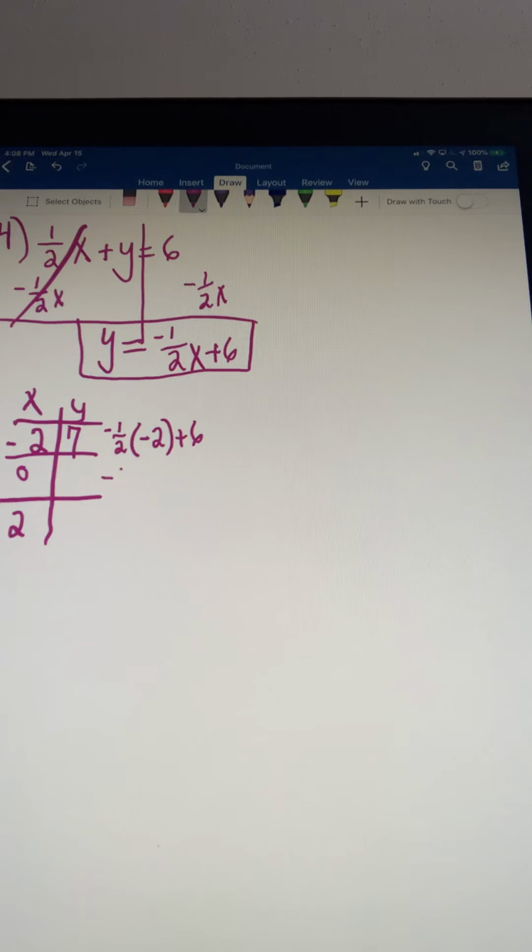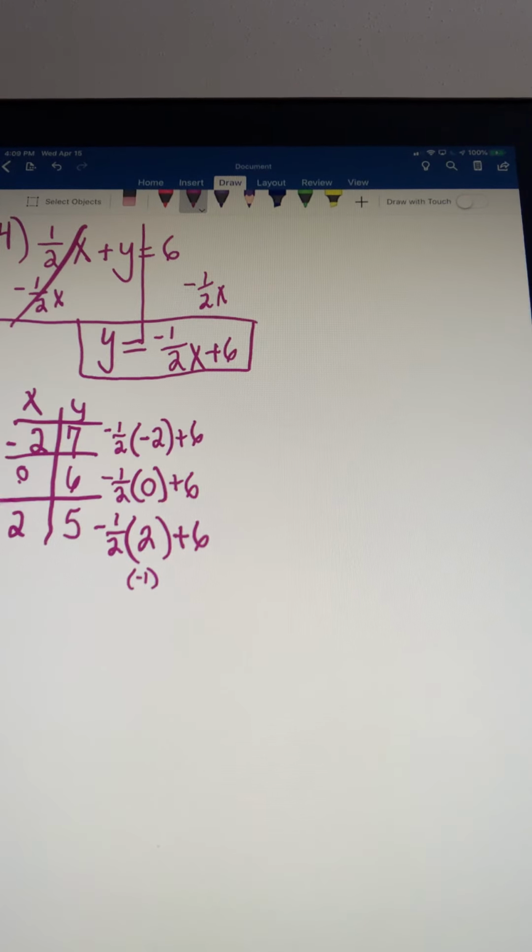We have negative 1/2 times x is 0 plus 6. Again, we like zeros. Negative 1/2 times 0 is 0. 0 plus 6 is 6. Last, negative 1/2 times positive 2 plus 6. So negative 1/2 times 2 is negative 2 over 2, which gives you negative 1 plus 6, positive 5.